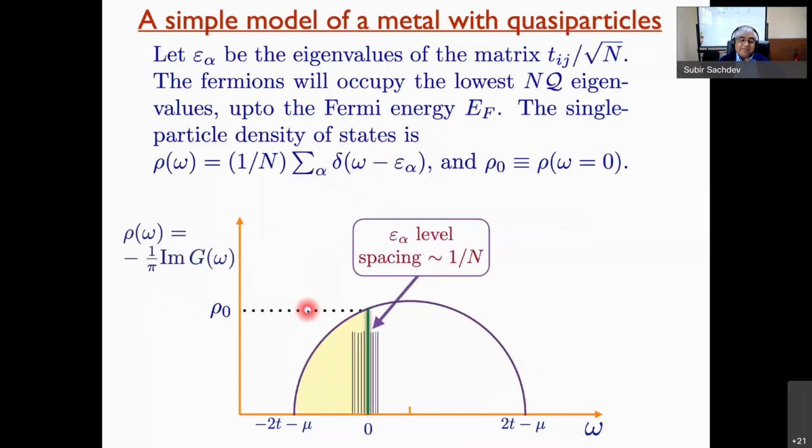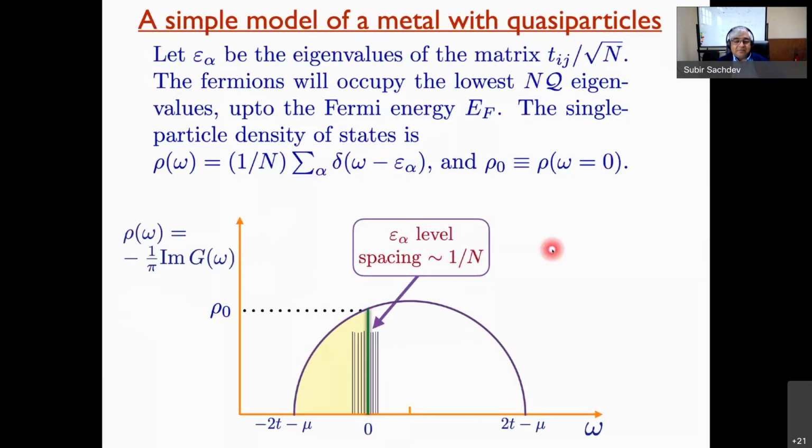If you had an n by n matrix, then of course you have a set of discrete levels, and the average spacing between these levels is 1 over n. Okay. And so in the many-body system, you just fill up all the states up to the Fermi level, and that pretty much describes this random matrix model.